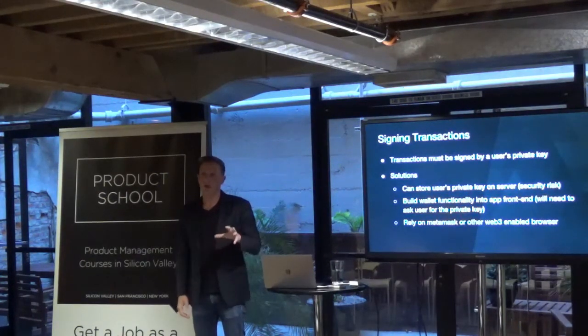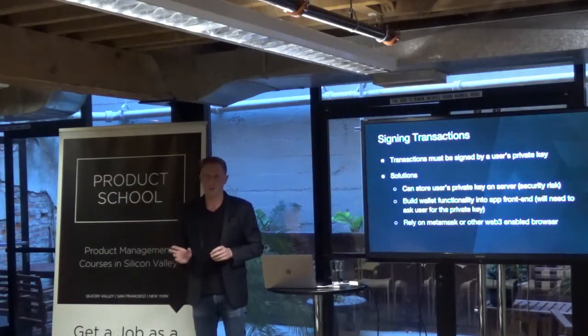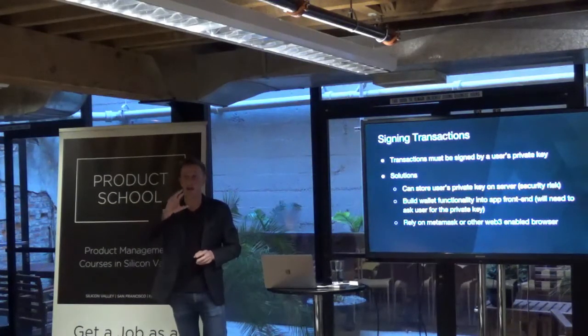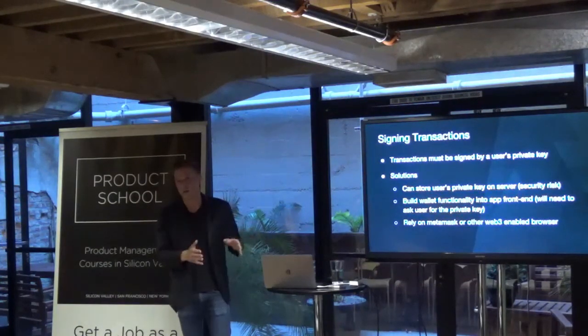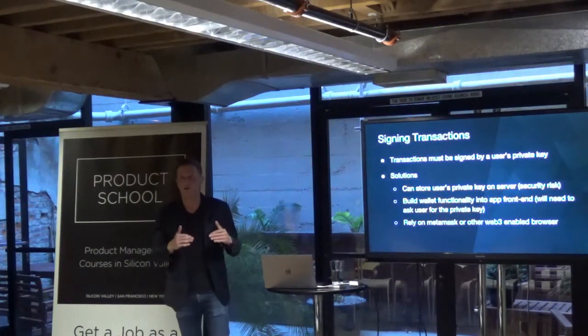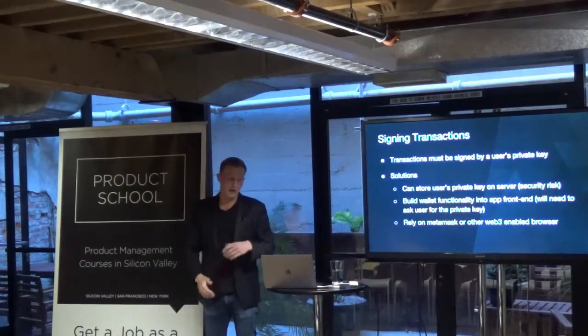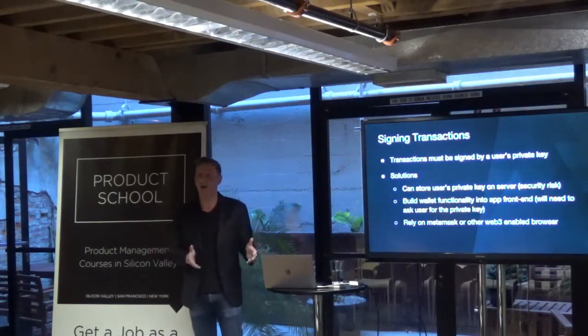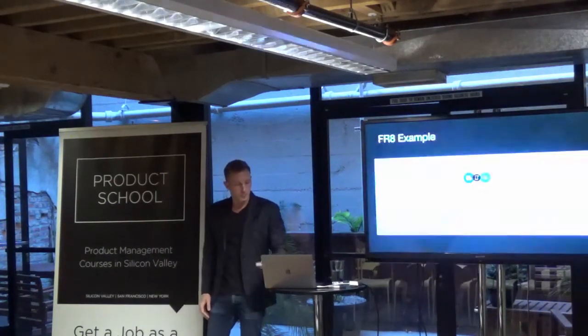You can also build wallet functionality right into the app, or make your own Chrome extension. That way, at least the private key will be stored locally on the user's own computer, and the servers will never see it. And again, the typical solution, you've heard me say it a lot, is just to rely on MetaMask for it.